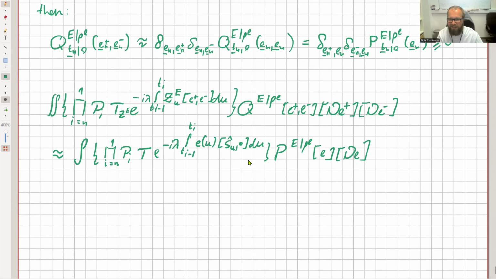And this is a probability distribution for a stochastic process E with trajectories in the form of these collapsed components of the bi-trajectory.